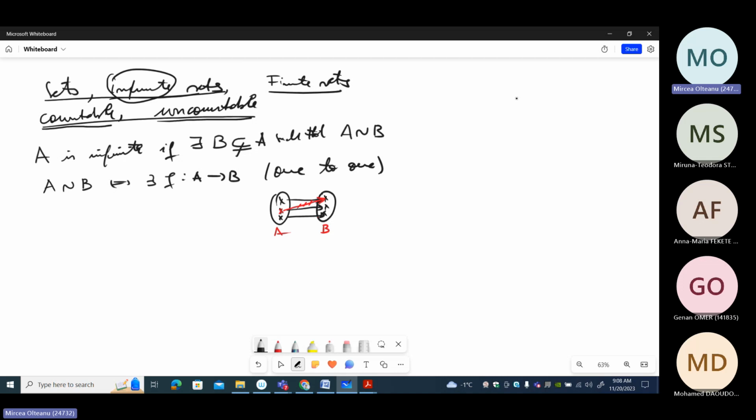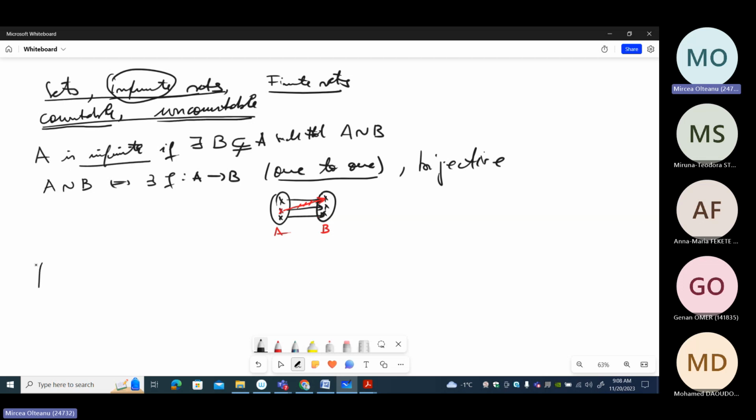And if there are no standing students and no free chairs, there are exactly as many students as chairs. This is a one-to-one map, or a bijective map. Another term is bijective.